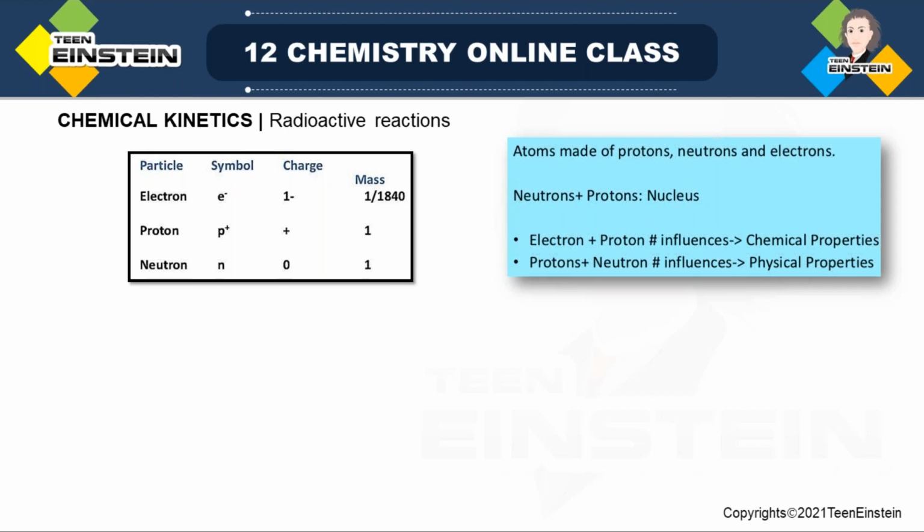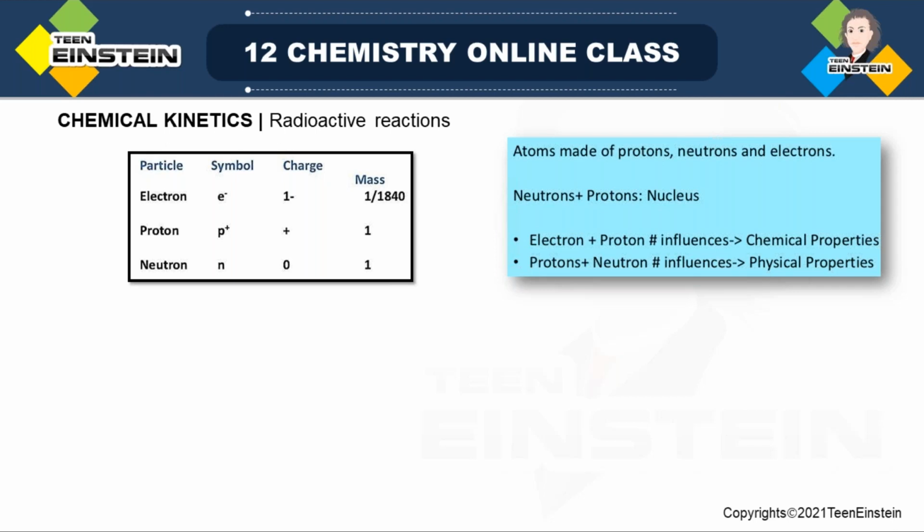So we will have some idea about radioactive reactions, though we will not go into the details. We will focus only on the kinetics of these nuclear reactions, because it has some similarity with first order, though it is not fully similar. There is obviously some dissimilarity.